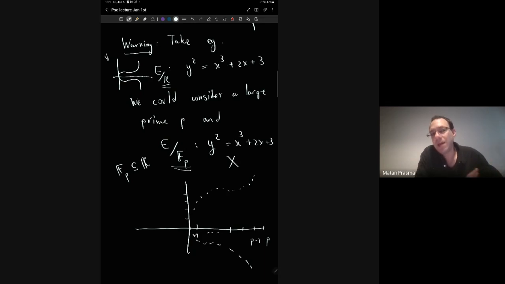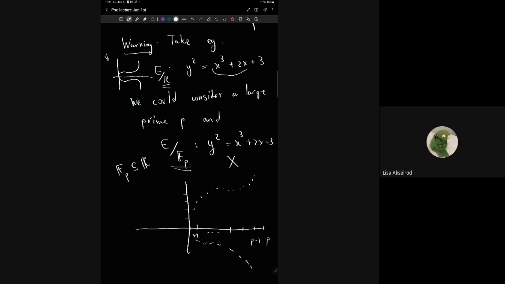I mean, if you take x, y such that x cube and y square, and also x cube plus 2x and x cube plus 2x plus 3 are all smaller than p, then the arithmetic is the same as the arithmetic of R, and this will be a subset. Yeah, this is my question.